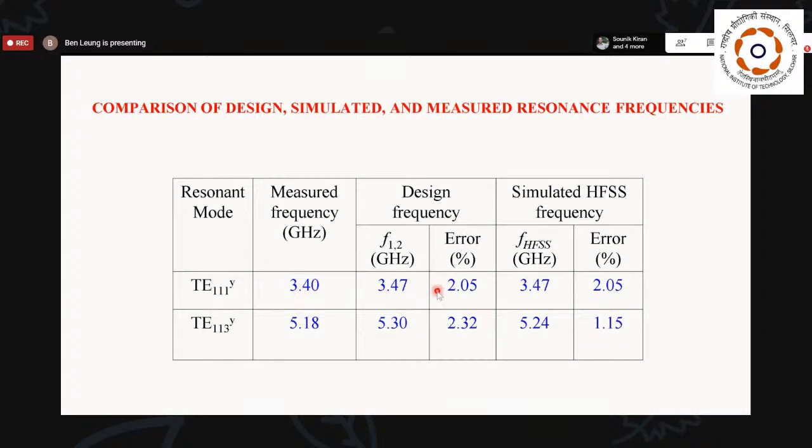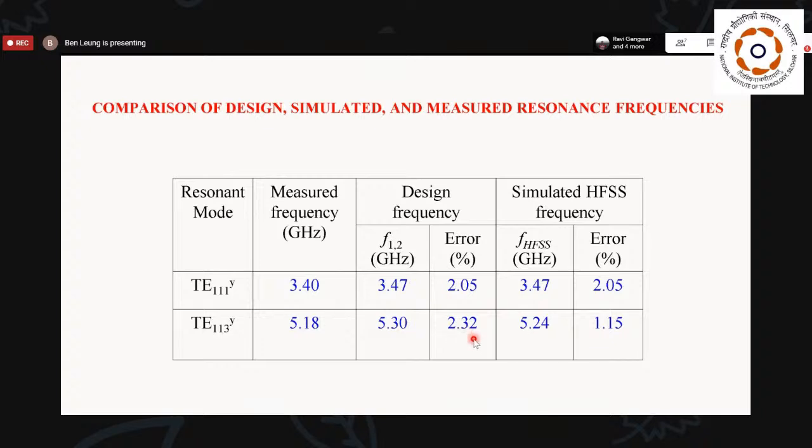So the error between our design frequency and the measurement is, excuse me, it's 2.05%. And for the higher order mode, our design frequency is here, and the measured frequency is here, and the error is 2.32%.